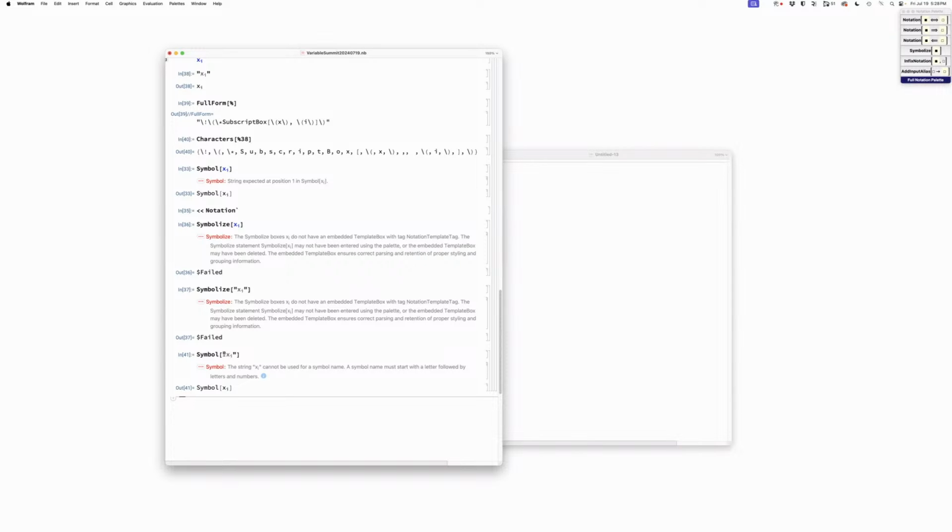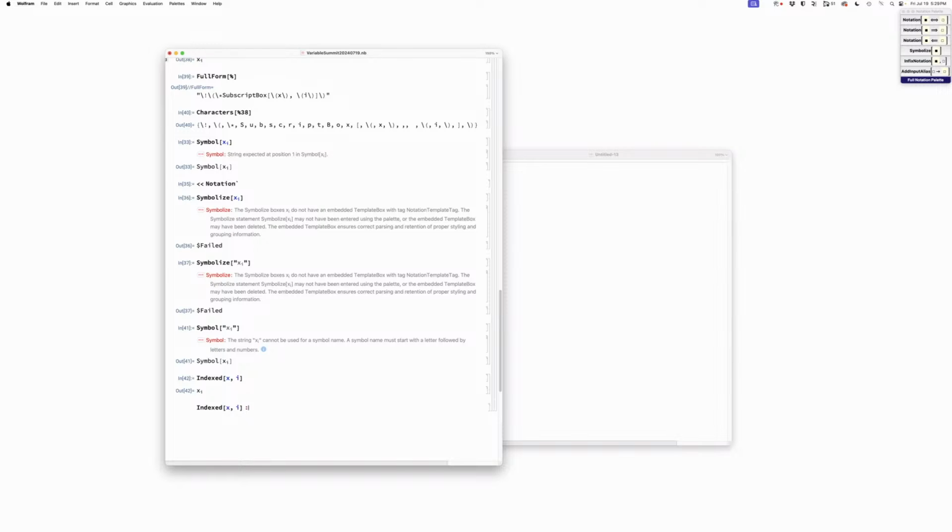Right. Which is a separate issue. But by the way, you keep writing these subscripts, write indexed of X comma I. But what form happens of that, if I say just subscript colon equals I squared? Well, I don't think you can because indexed is protected.